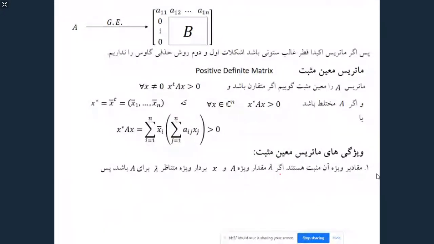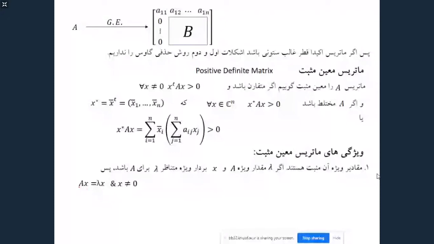Why? Because if lambda is an eigenvalue of A and x is an eigenvector of A, we have Ax equal lambda x.